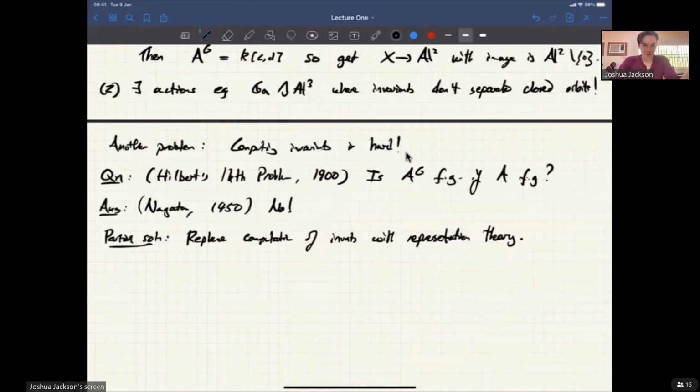That certainly doesn't solve all your problems, but it does make life easier. So I would argue that the G in GIT is the idea that instead of just computing invariants all the time, you should be thinking about things in terms of representation theory, and that makes your life tons easier. We'll see that tomorrow, I think. Okay.